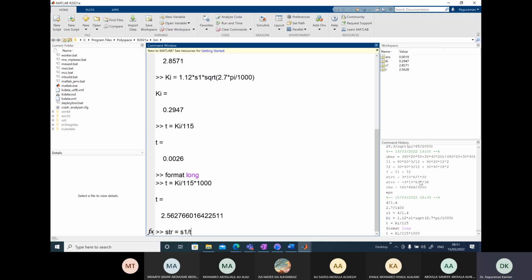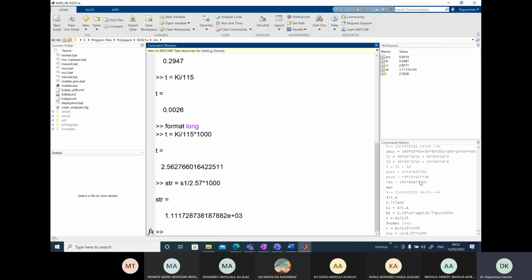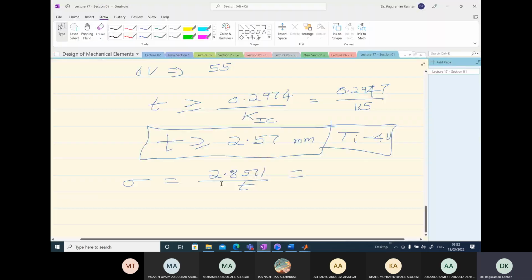So I used T here divided by T exact value, or maybe I just use 2.57 because that is what I use, and multiply by 1000, that becomes in meters, and the result should be in megapascal. And what do we see here?